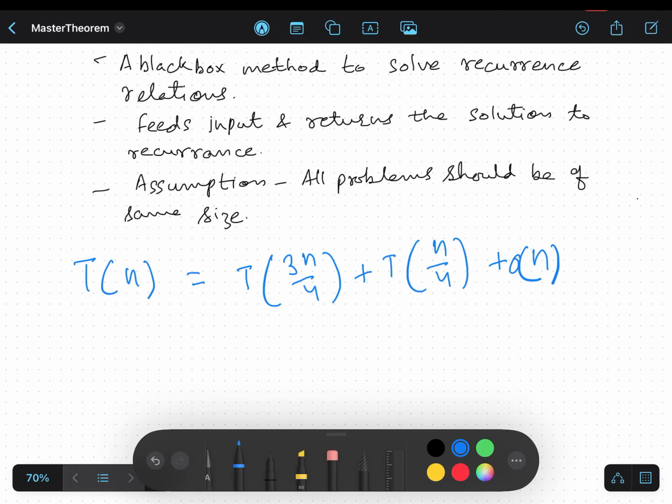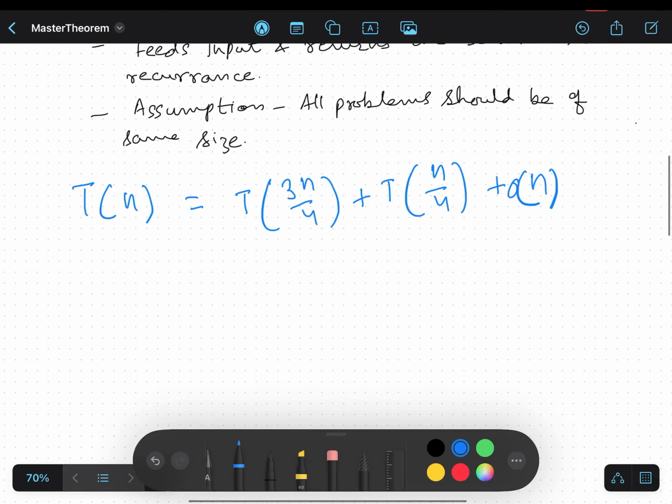Okay. So if you see, and if you're following the previous sessions, the problem is divided in 3/4 and another part of the problem is divided into 1/4. So this means the problem sizes are not equal, or the problem is not being divided into equal parts. So we cannot use master theorem on this recurrence.